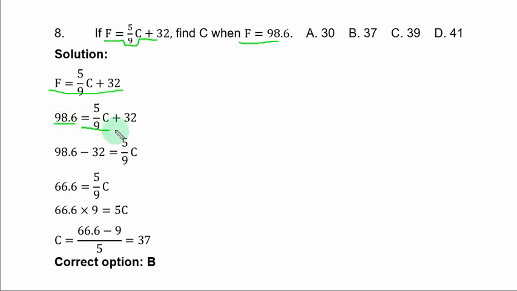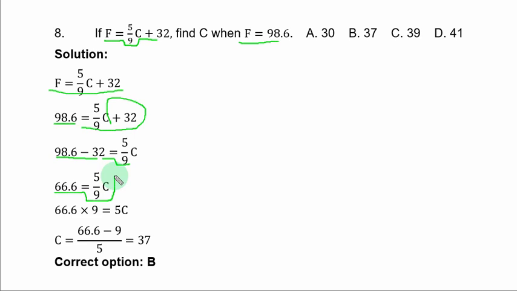So you have to solve for C. First, let's collect like terms by transferring this to the left hand side, and you have 98.6 minus 32 equal to 5 over 9 C. If you subtract, you have 66.6 equal to 5 over 9 C.